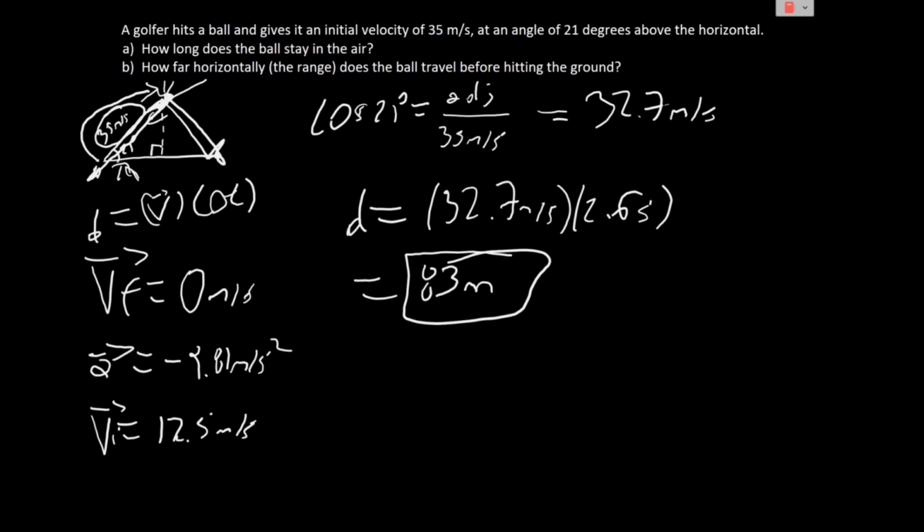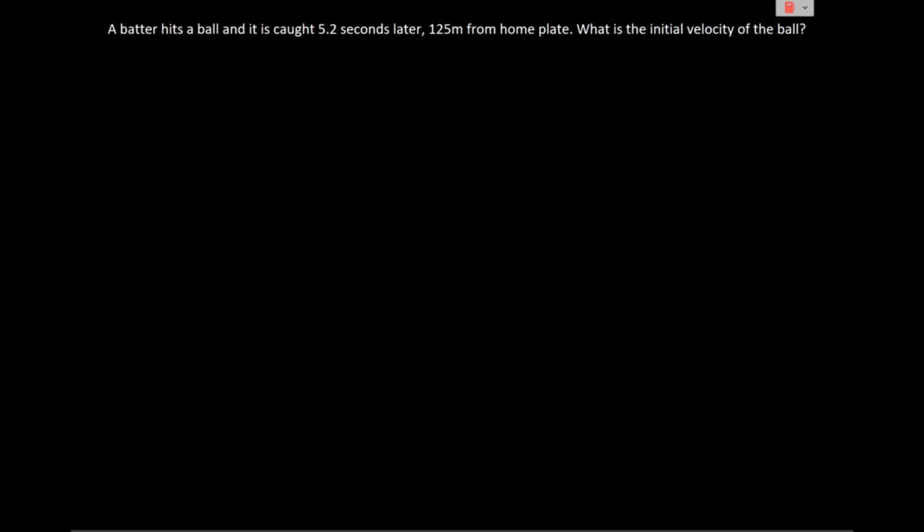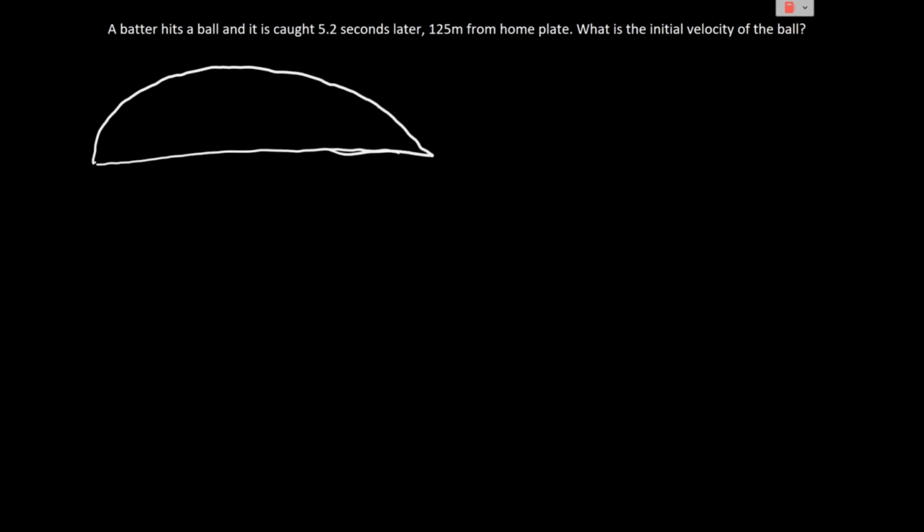Let's do another question. A batter hits a ball and it is caught 5.2 seconds later, 125 meters from home plate. What is the initial velocity of the ball? So again, let's draw out a little sketch to visualize everything that's happening here. The ball goes up and it goes down and it lands 125 meters from home plate.